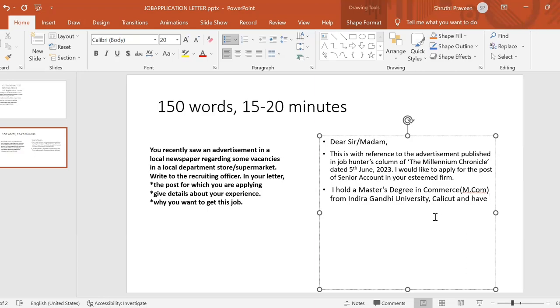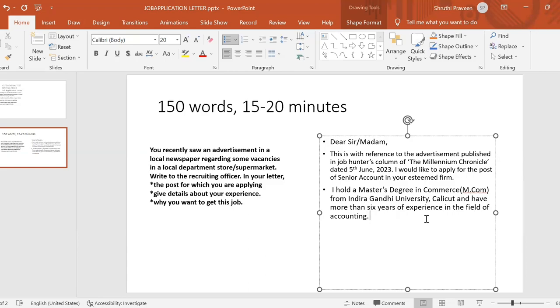So starting with the qualification, you are moving on to the experience. Have more than 6 years of experience in the field of accounting. Okay, in the field of accounting, because you are applying for the post of an accountant.